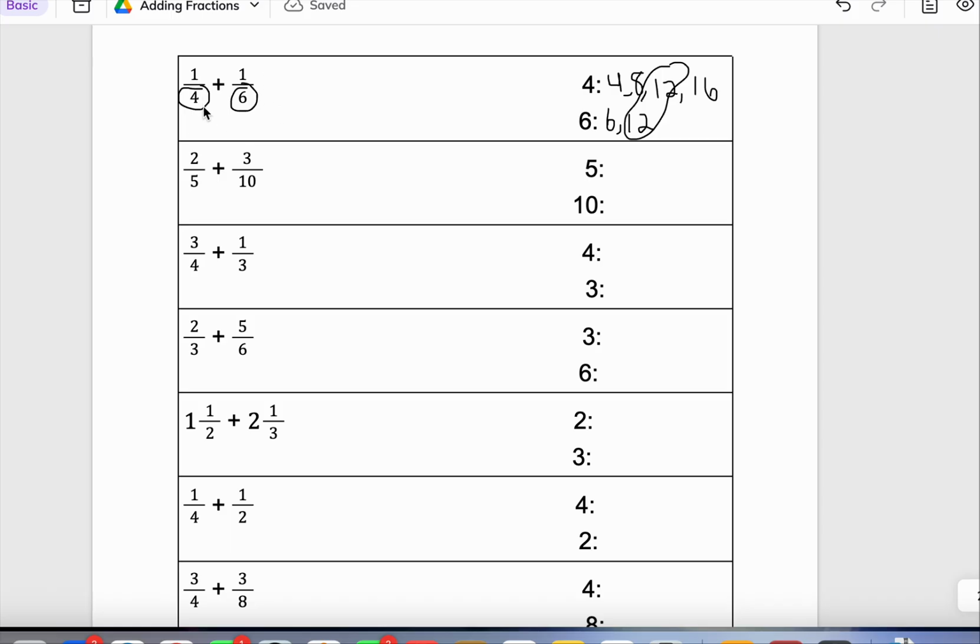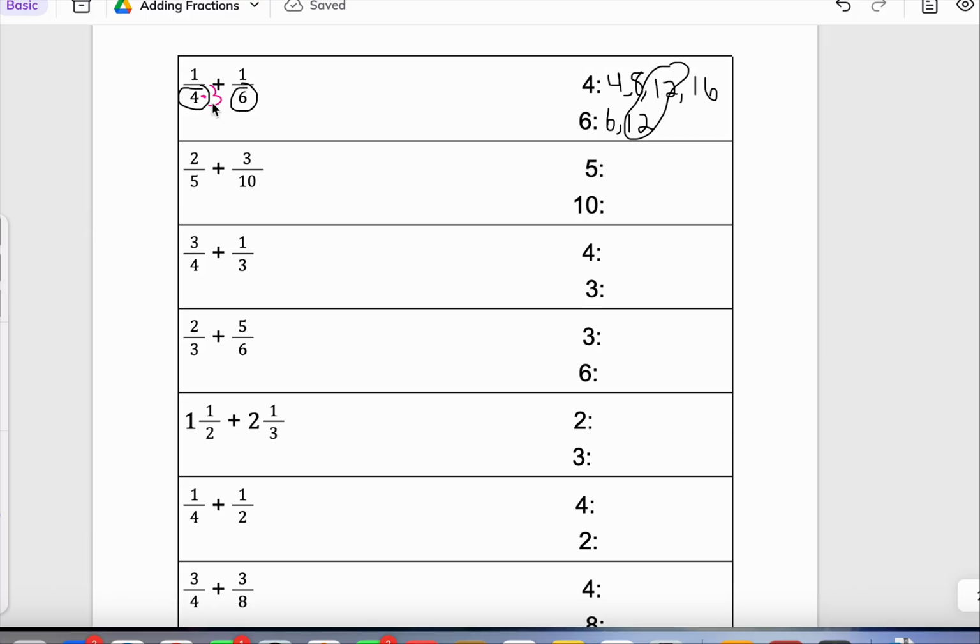So I need to convert 1/4 and 1/6 to twelfths. I'm trying to see if I can change the color of my drawing pen. Here we go. So I want to convert fourths to twelfths. In order to do that, what do I need to multiply 4 by to get to 12? I need to multiply it by a 3.